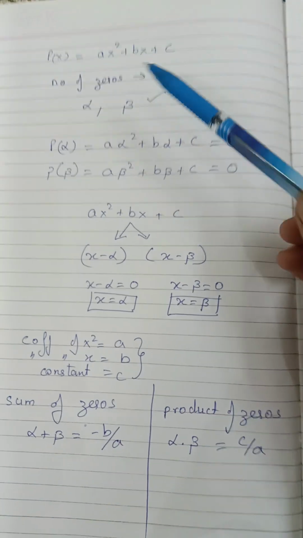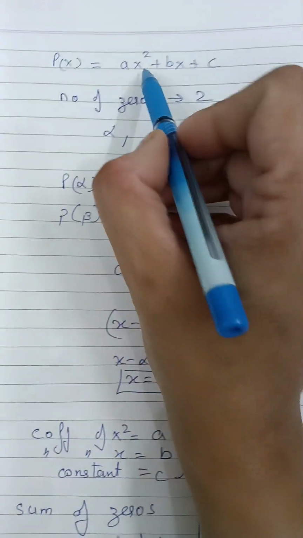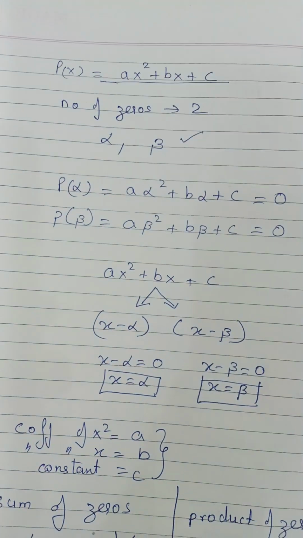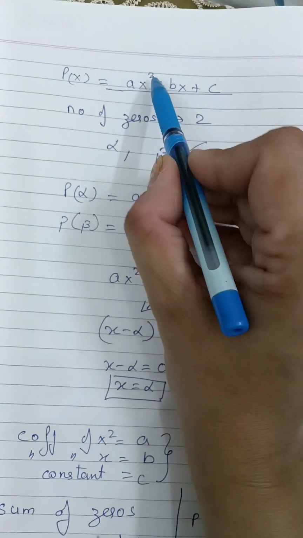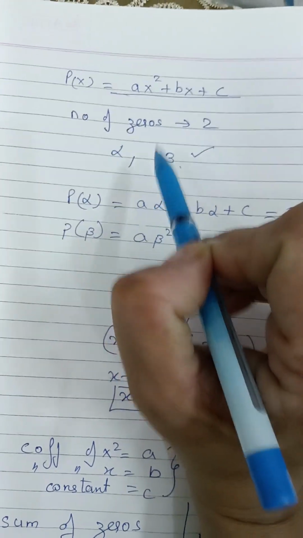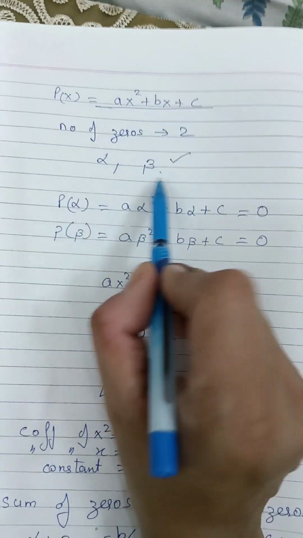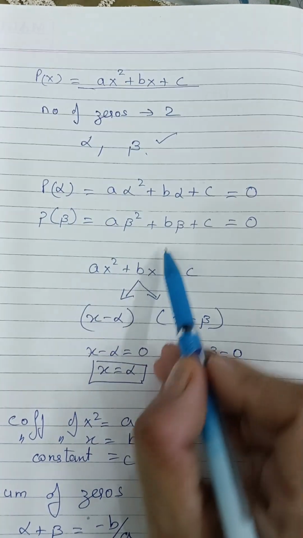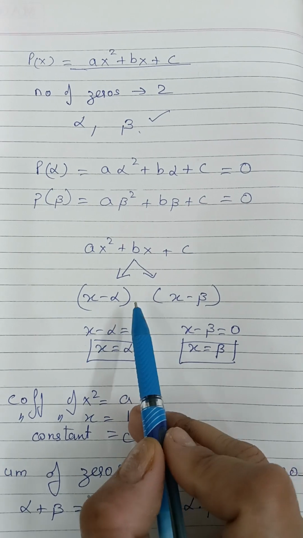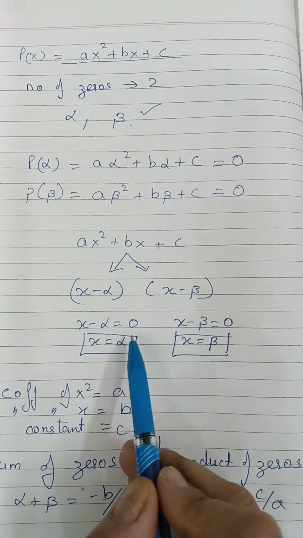The product of zeros will be alpha into beta, and that will always be equal to c upon a. So now we can see that we have a quadratic polynomial of the form ax square plus bx plus c. It has two zeros because the degree is 2. Now how to find these zeros? We just split the polynomial into two factors.